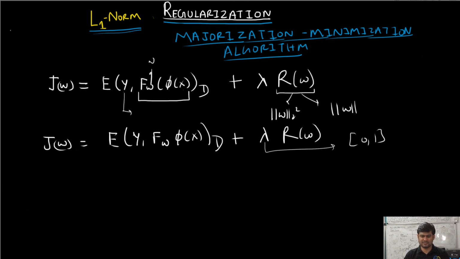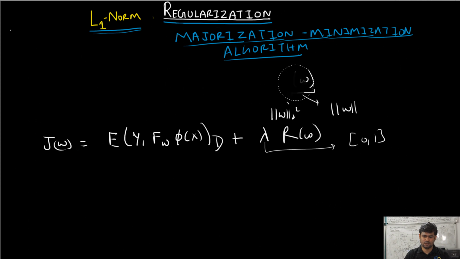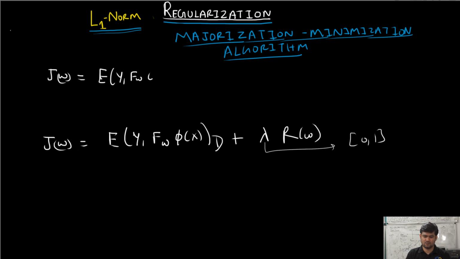So we erase this to avoid clutter, and we will write this loss function simply as J of w equal to the first term E over some data set plus lambda times R of w.